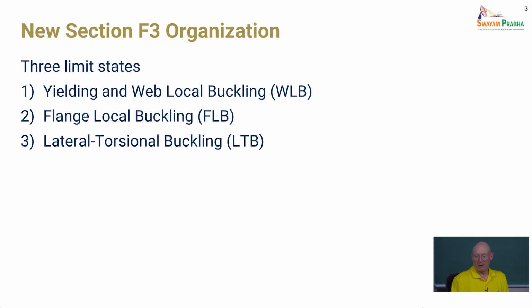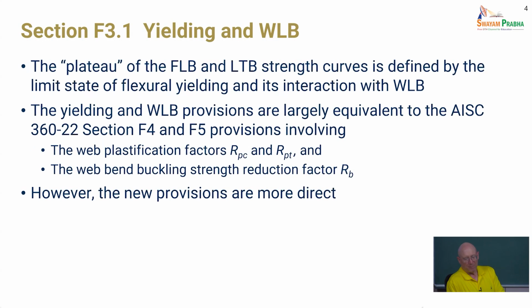And if we have a slender web, well, that would essentially be a member with a class 4 web, and we have a reduction factor that approximates what we'd get in Eurocode or in the Indian standard by applying an effective width reduction to the web. Once we have that, then we'll look at how we use that with checking flange local buckling and lateral torsional buckling. So the first bullet here is pretty much what I just said.